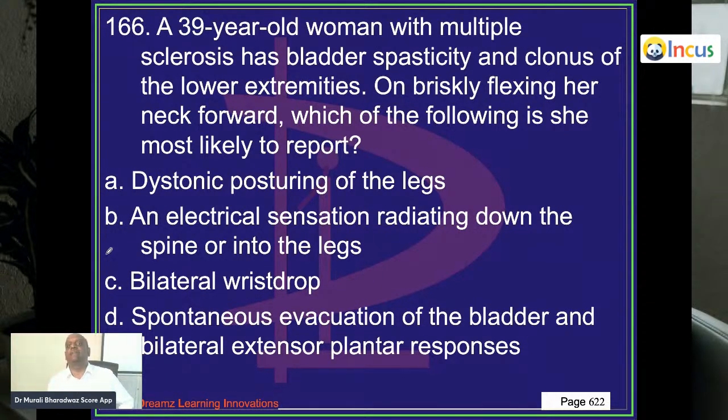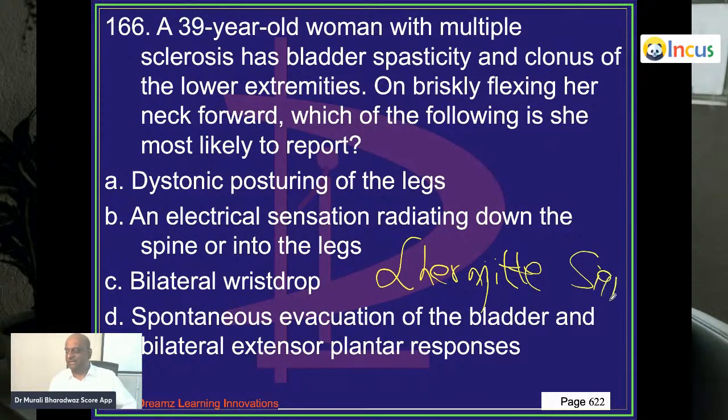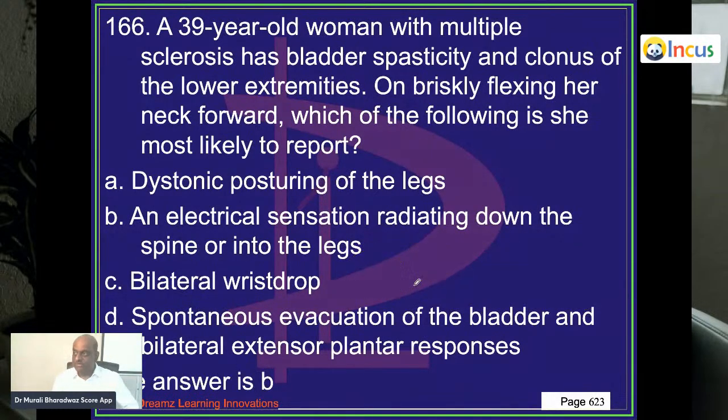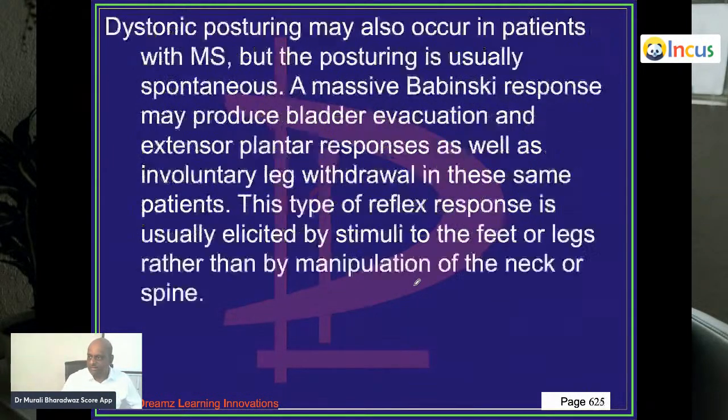Lhermitte sign. Whenever a multiple sclerosis patient flexes the neck, there is an electrical sensation along the spine. A 39-year-old woman with multiple sclerosis is done, right?